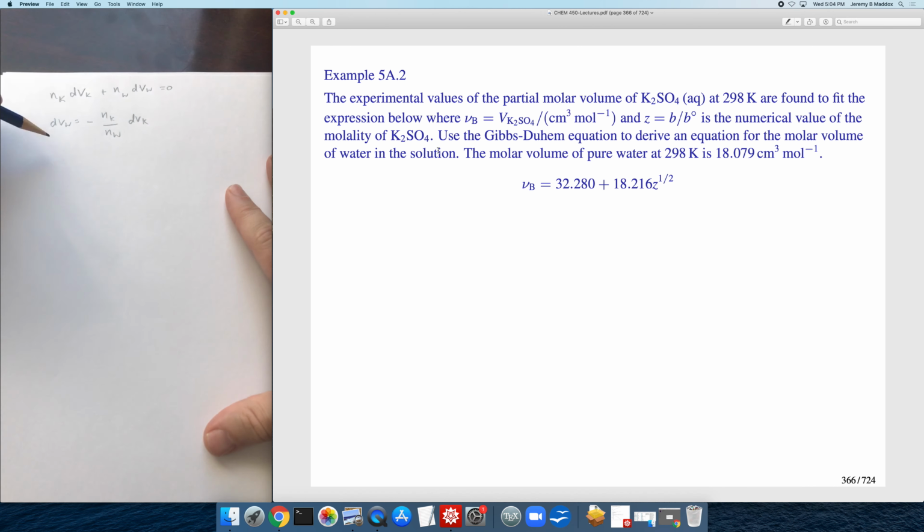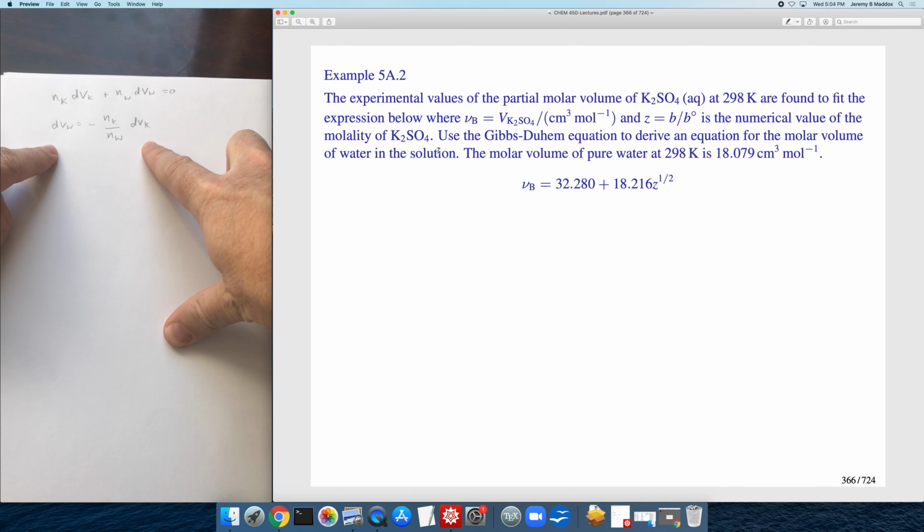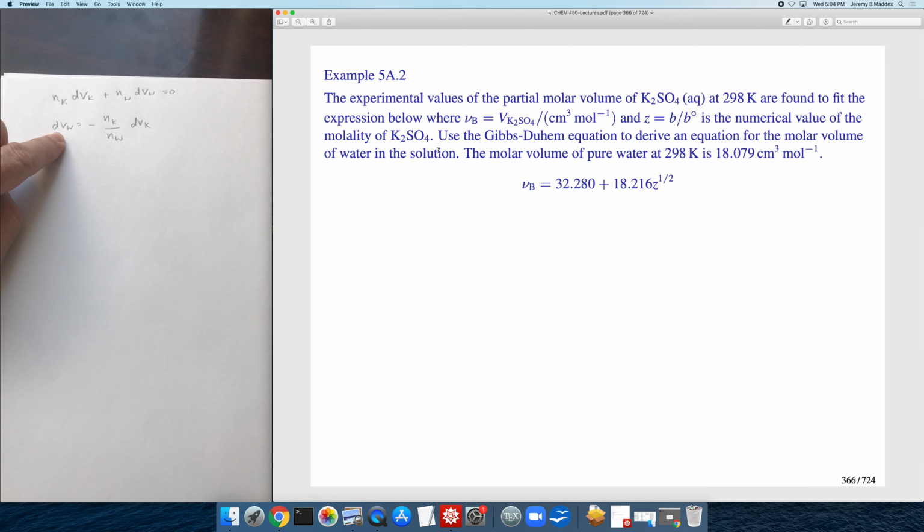So the idea is that we want to integrate both sides of the expression to give us the partial molar volume of the water. Let's think about that a little bit.